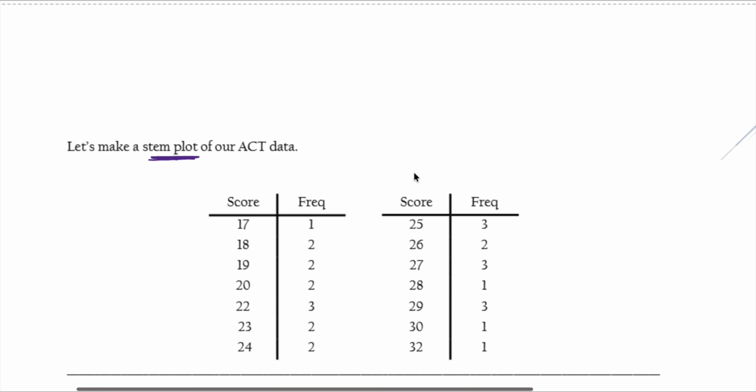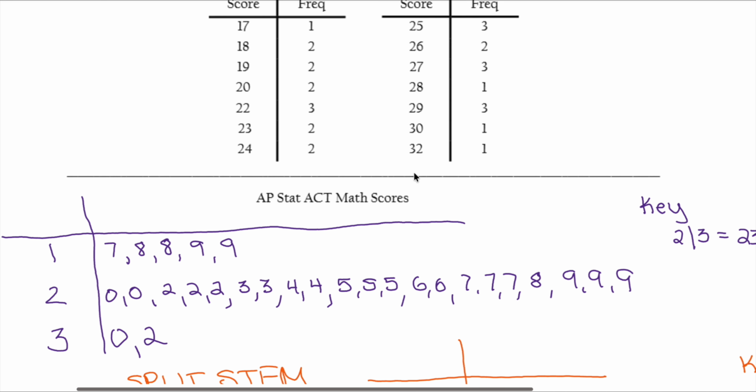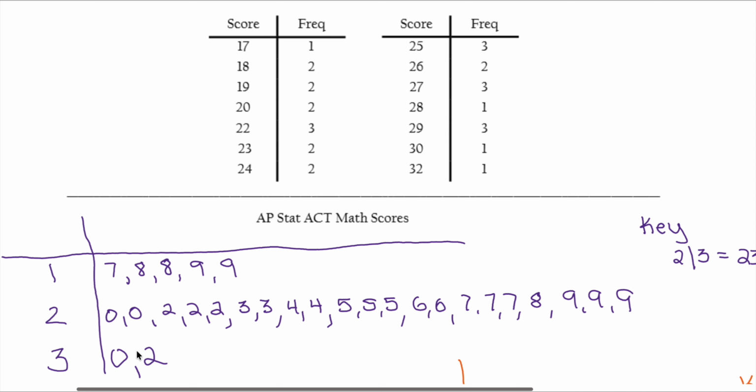There's a bunch of leaves on one tree, which means one root of a Stemplot can have many leaves, and it can have a lot of digits, all belonging to one root. I'll show you by first drawing a T-chart, like that.